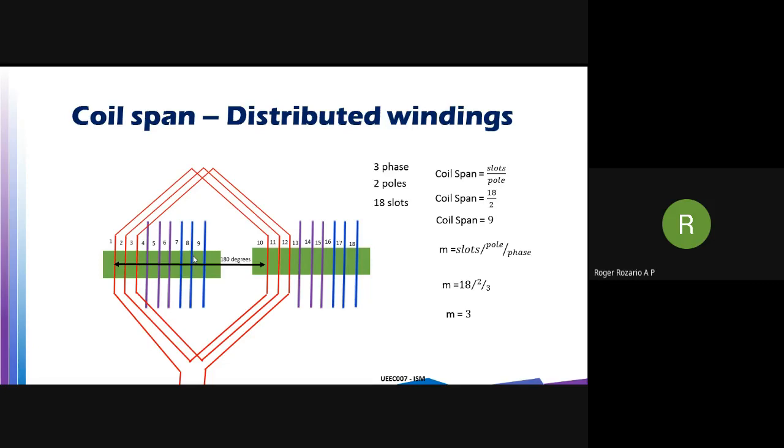Coil span for a full pitched winding is 180 degrees. Coil span can be calculated by slots per pole, and these conductors are grouped into 3 pairs, and that is called M. M equal to slots per pole per phase. Is it clear? This is how the windings will be. Hope you are clear with this animation.